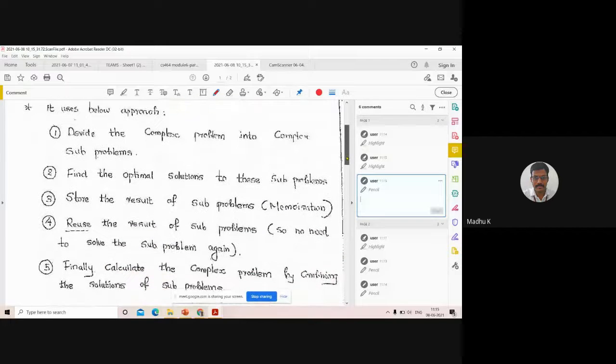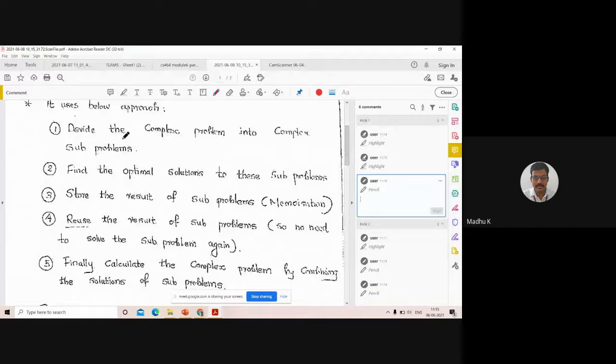Next, what should be the approach? It is similar to the divide and conquer approach, but with slight differences.